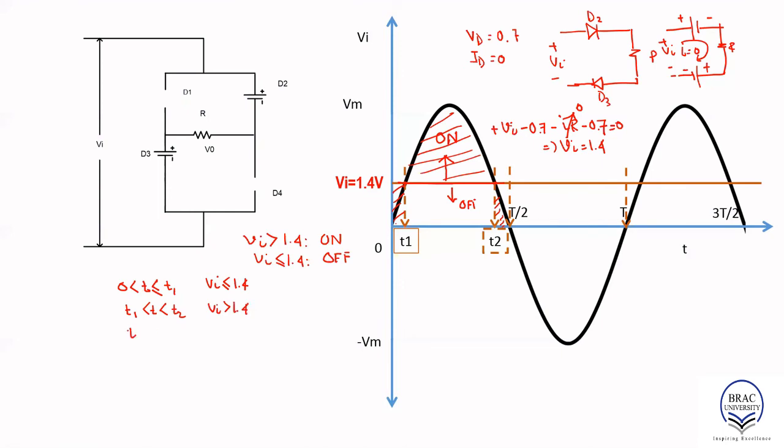Again, for T greater than T2, less than T by 2, Vi is again less than 1.4. So in that case, since it is less than 1.4, diode is off.